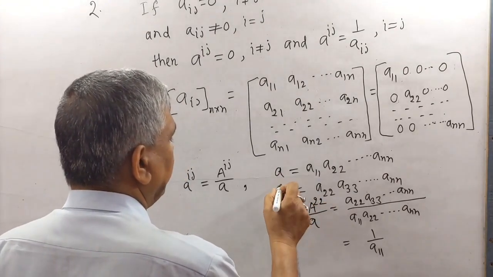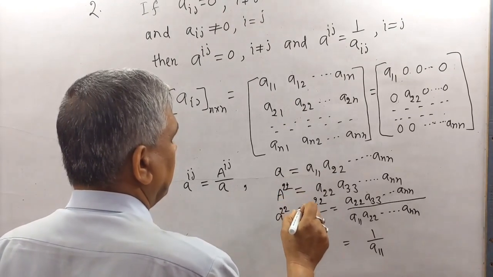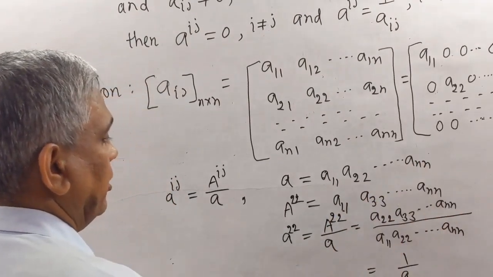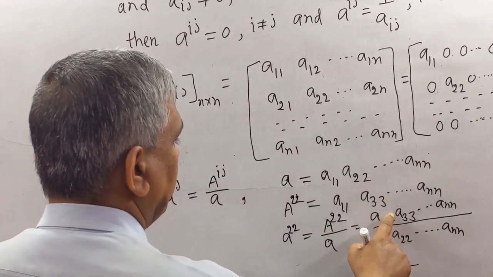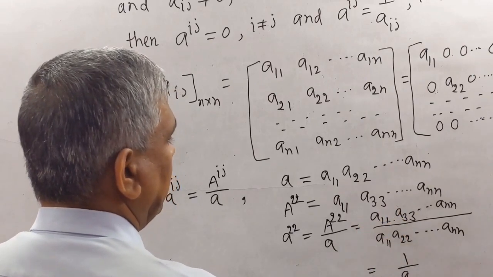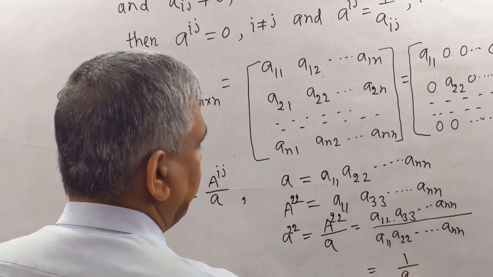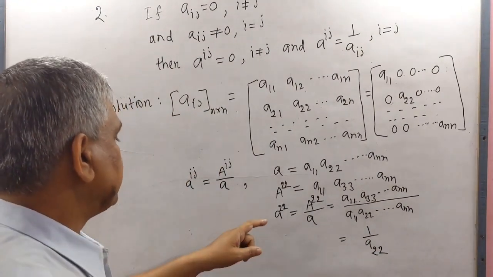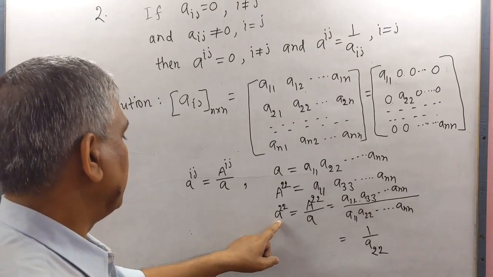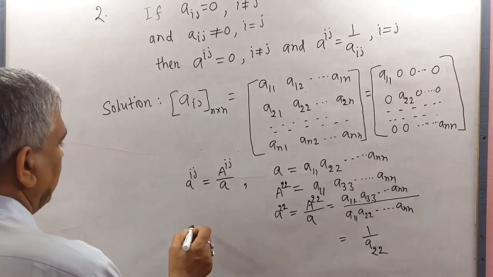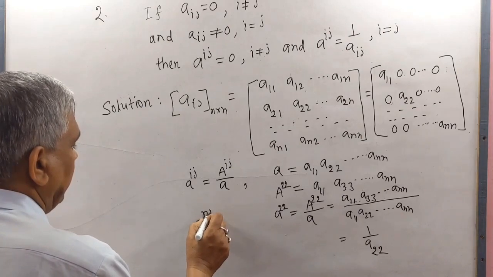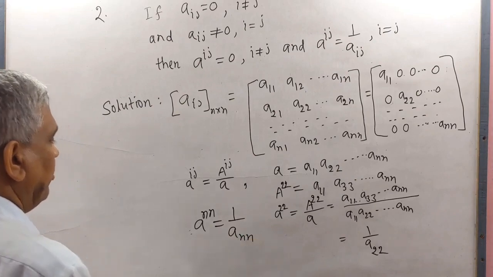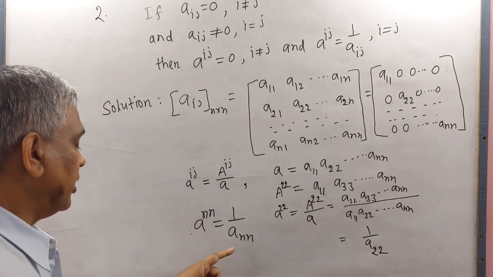Here A^22 will be A11, A33, Ann divided by A11, A22, Ann, so we get 1 by A22. Similarly, all diagonal components of the conjugate tensor will be A^nn equal to 1 by Ann, where n may be 1, 2, 3, n.